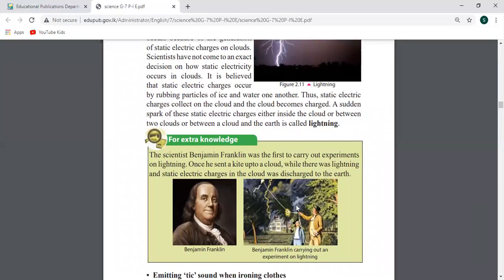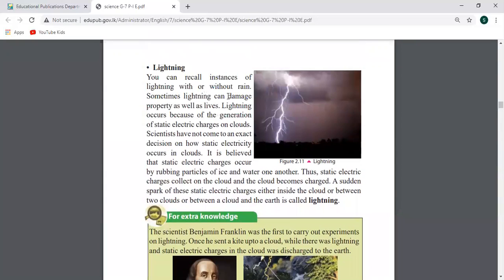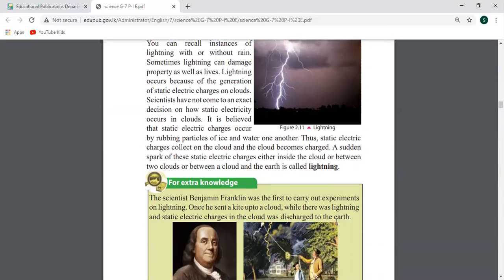So we can remember this case like this: the scientist Benjamin Franklin did experiments on lightning, and lightning is a natural phenomenon consisting of static electricity.